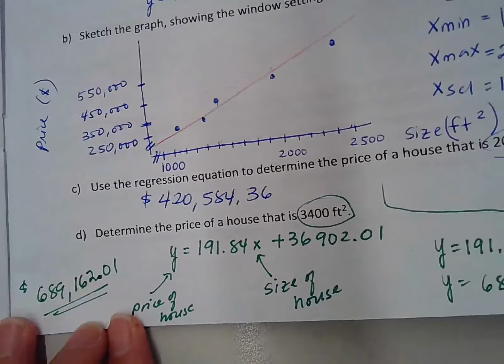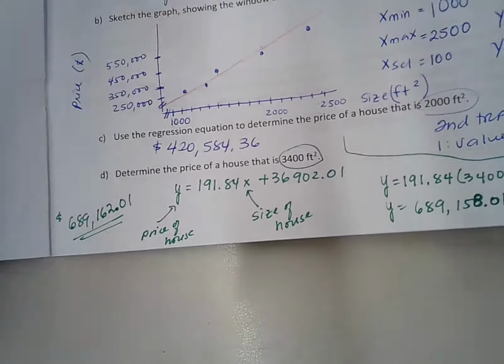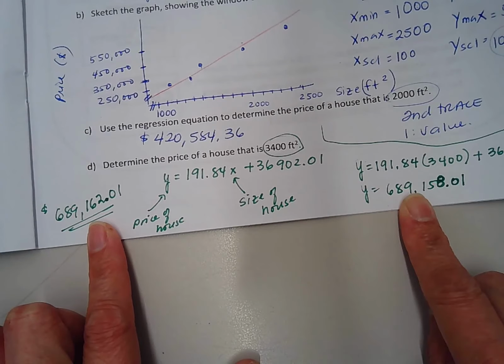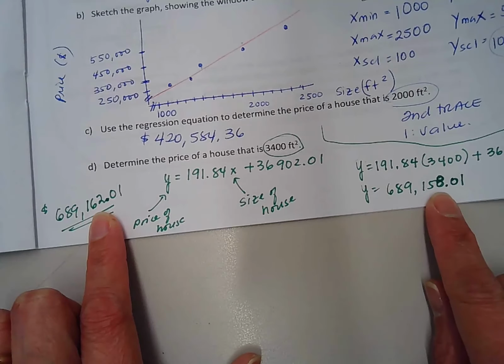Why is it different? That's a good question. Almost the same. This is 162. This is 158. Any idea why it's different? It rounded off. What was rounded off?